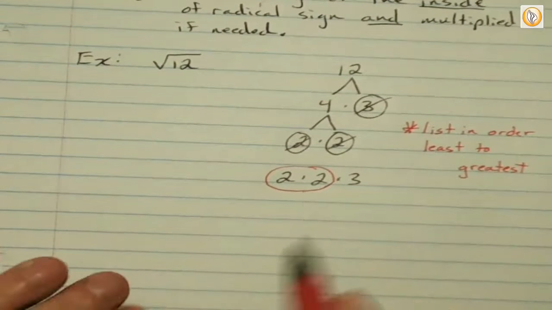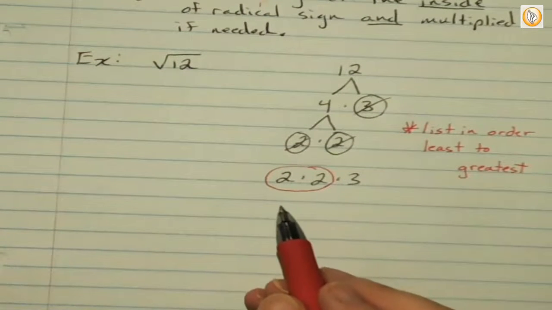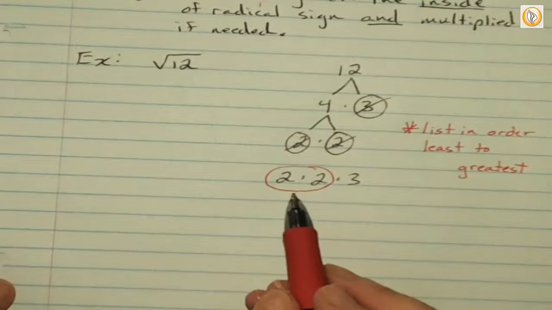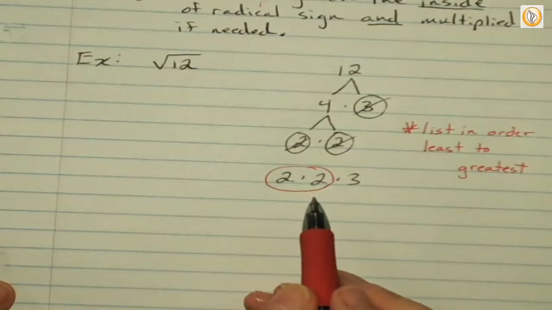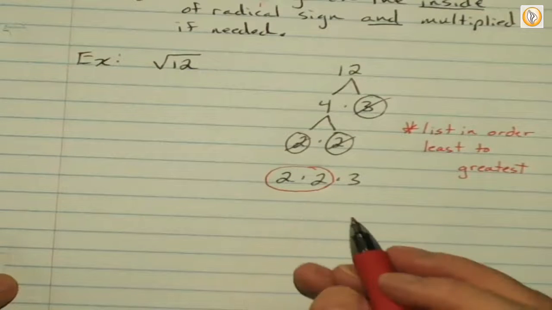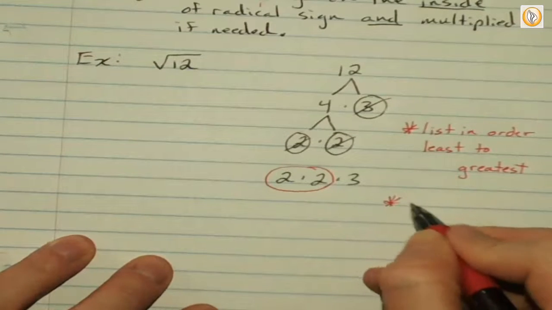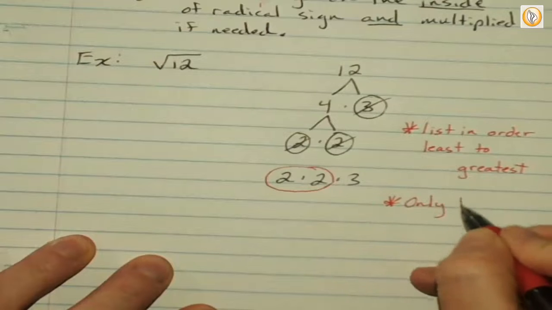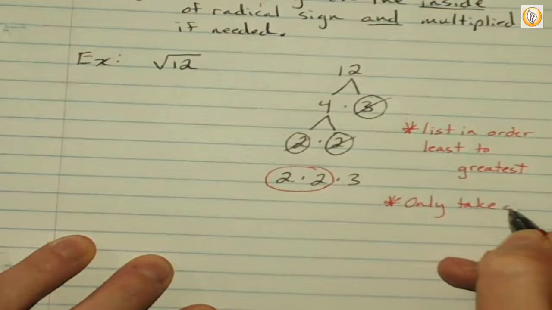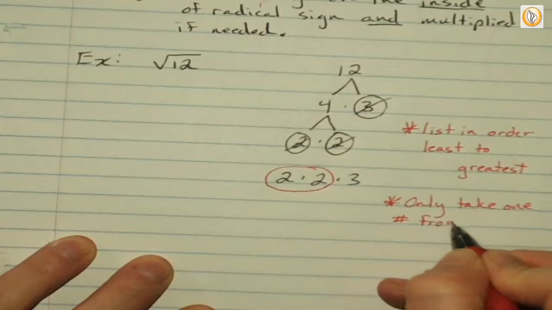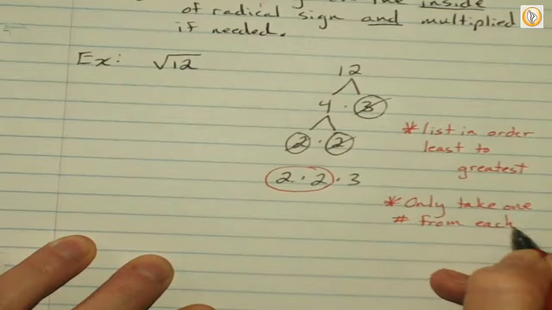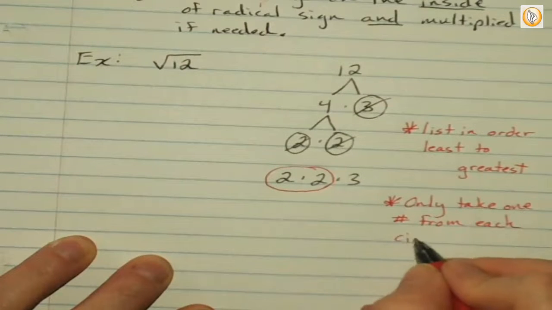Now, when we used to do the greatest common factor and stuff like that, did we move 2 2's over or just one? Just one. Okay, so only take one number from each circled group.